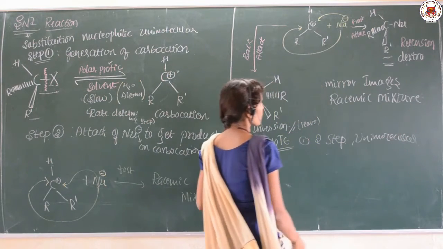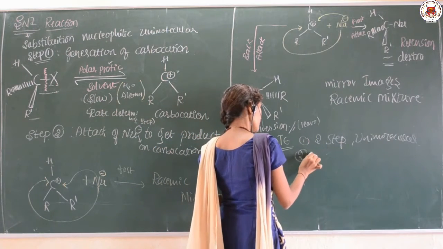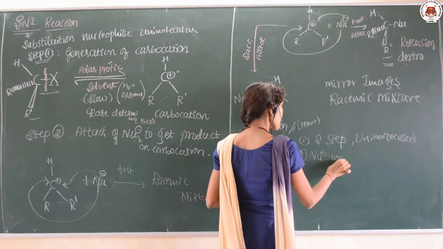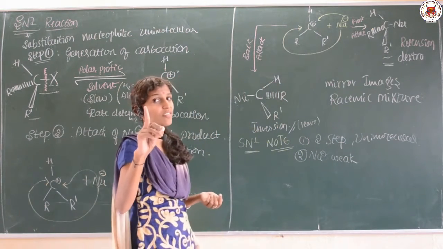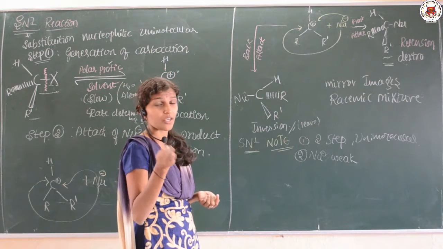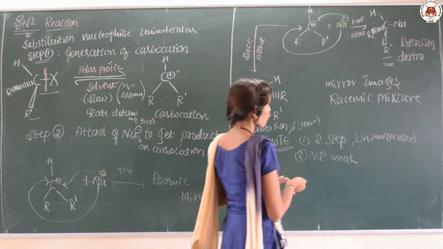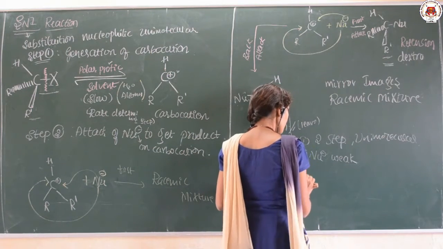Clear? Next, the nucleophile may be weak, no need for it to be strong. We can use a weak nucleophile because the first step is generation of the carbocation, not the attack of the nucleophile.